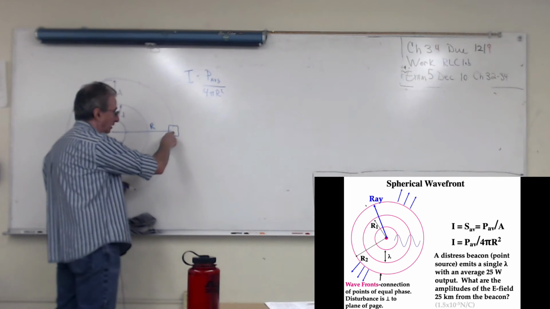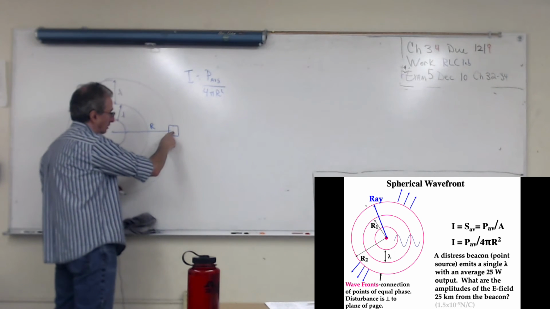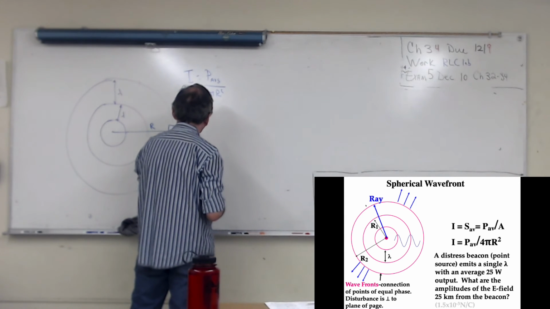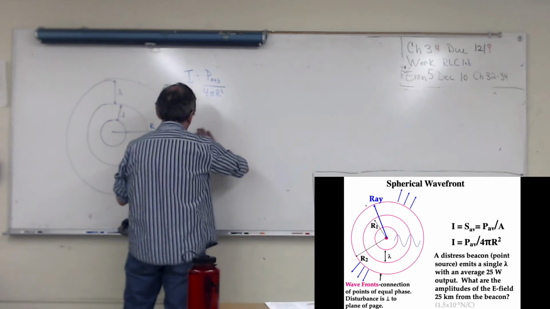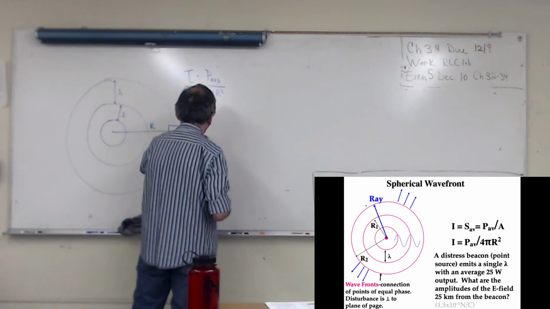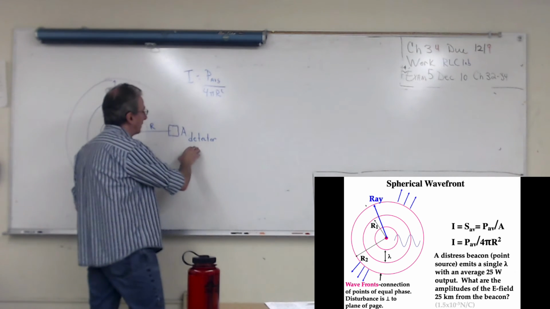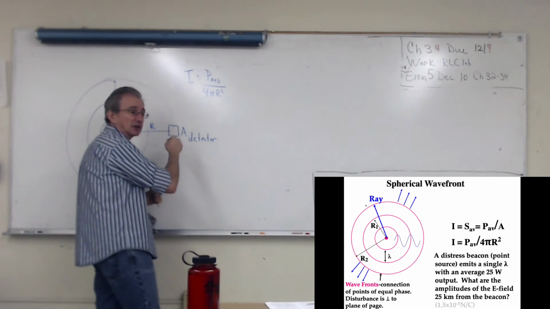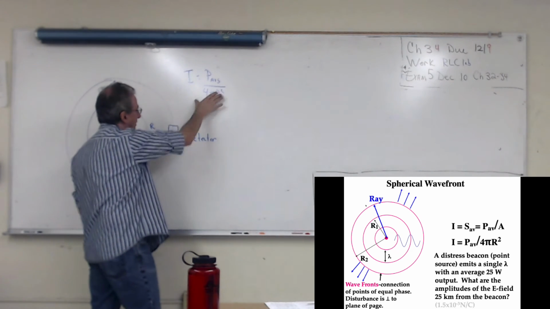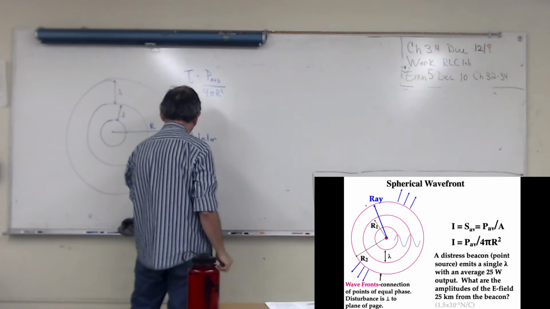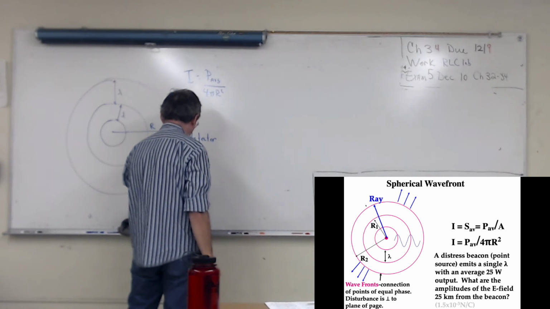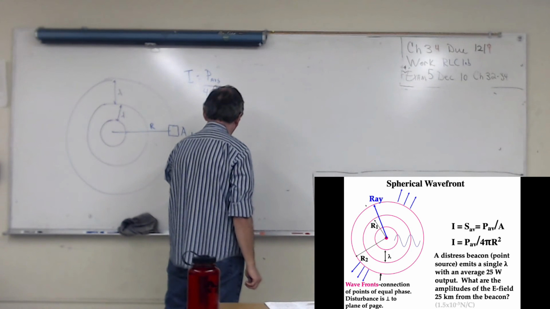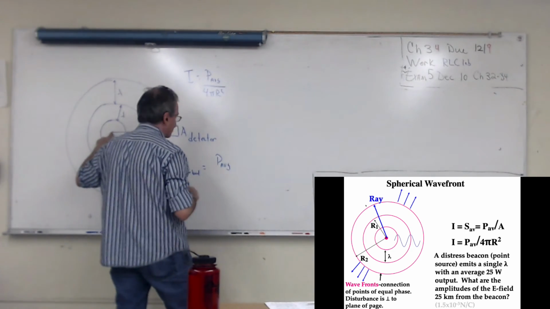If I have a detector here of area A, and I wanted to measure the amount of energy per unit time absorbed by the detector, it would be this intensity times the area of the detector. And P average is the average power of the source.